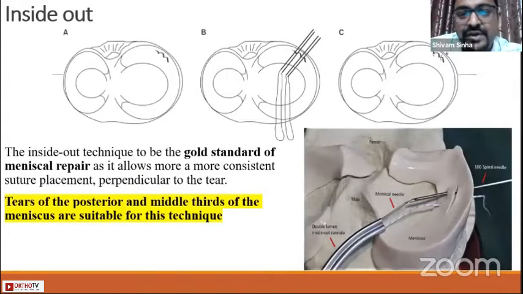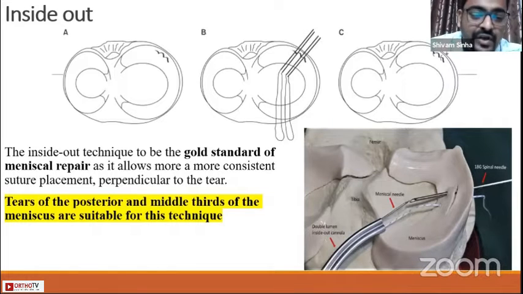The inside-out is more of a gold standard, usually practiced much, and uses specialized cannulas like zone-specific cannulas. The suture is passed from inside, and depending on whether we are dealing with the medial or lateral meniscus, according to the neurovascular anatomy, an incision is made and the suture is tied so that the meniscus tear is reduced.